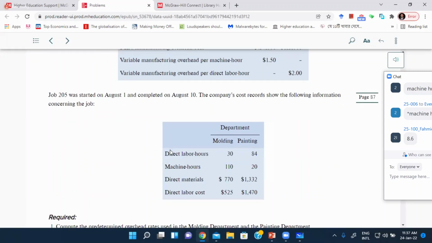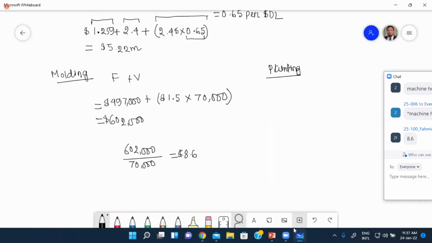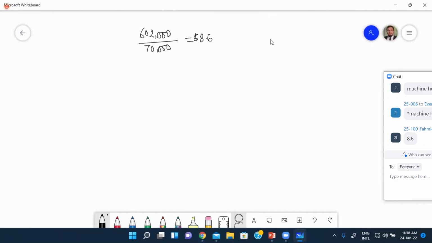So if you sum up the multiplication, if you in fact multiply the number of machine hours, you see the number of machine hours used for the molding department for this job 205, we see that it is 110. So let me scroll it up.